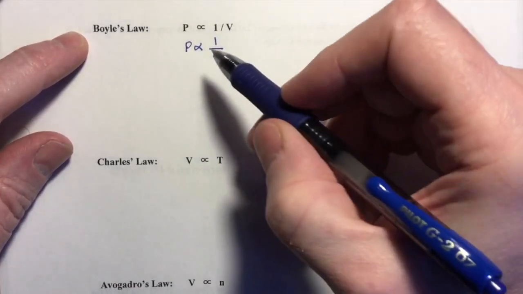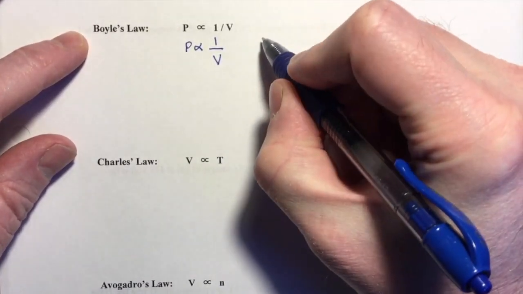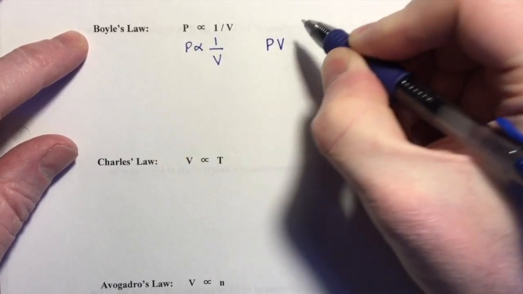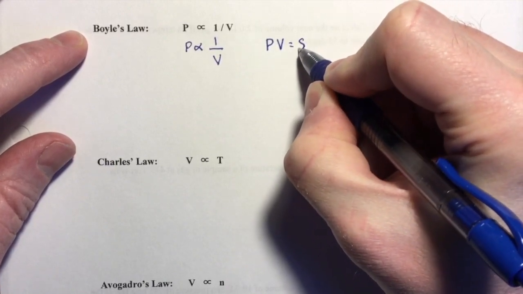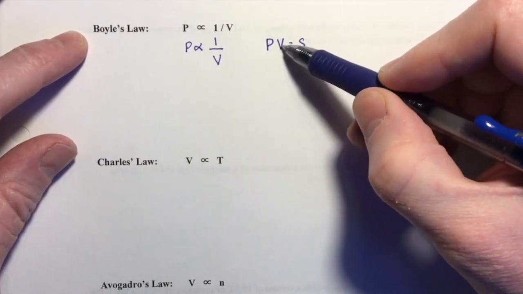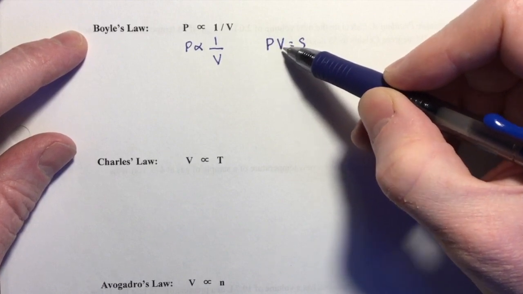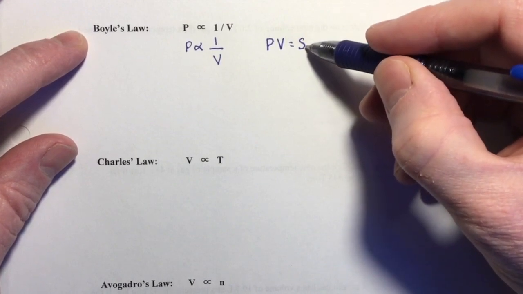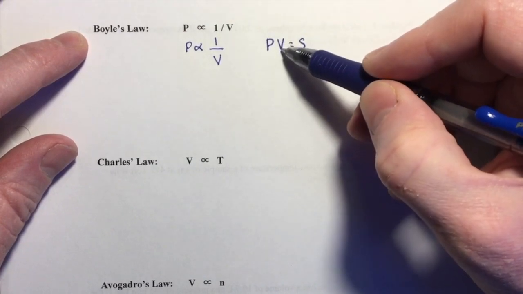So we can also write this as an equation relating it to a proportionality constant. So P times V, pressure times volume, equals some proportionality constant. Notice that by having these two terms multiplying each other on the same side of the equation, that indicates that they are inversely proportional. Because if S is a constant that stays the same, then as P increases, V has to decrease.